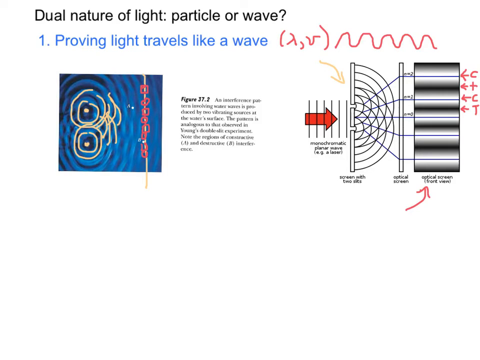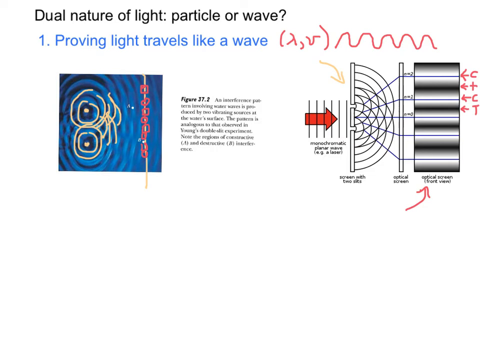So what we did is we took light and we shined light through a screen that had two little holes or slits in it. This is called the double slit experiment. And when we shine light through that, if light acts like a wave, you are going to get an interference pattern just like you would if you had two waves of water running into each other.